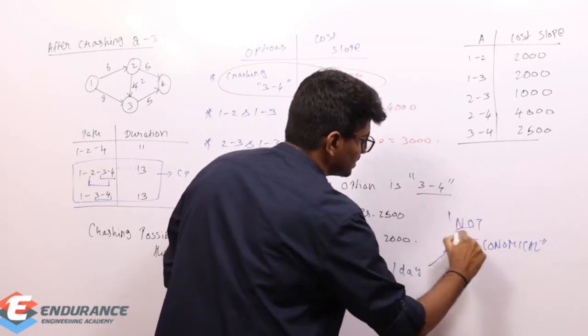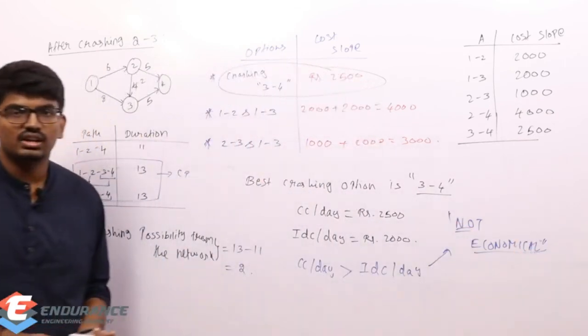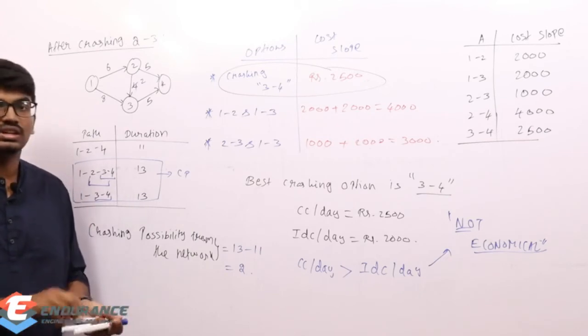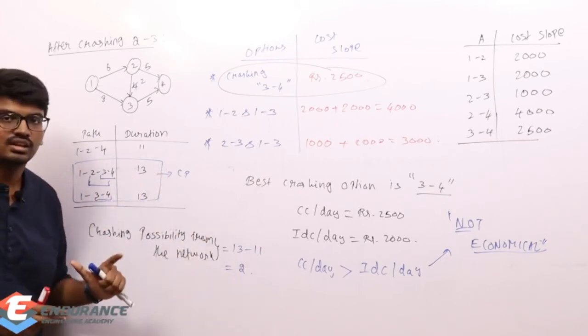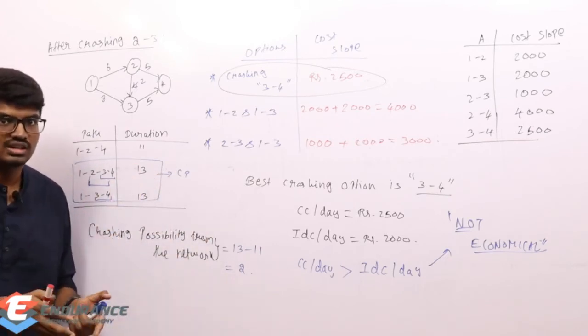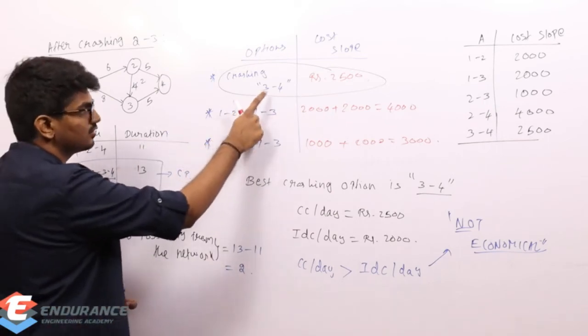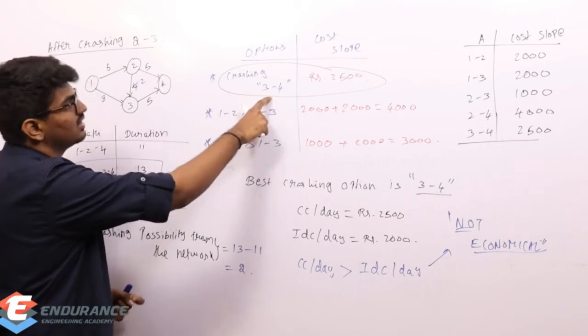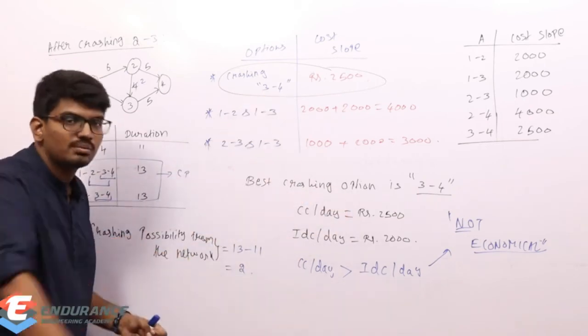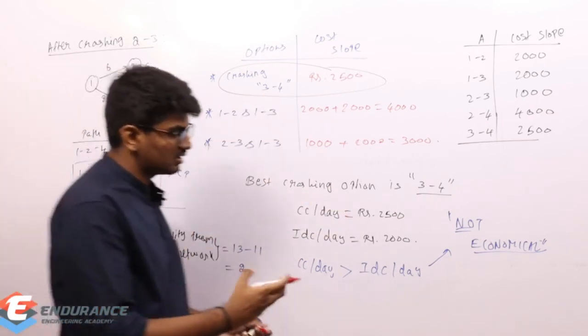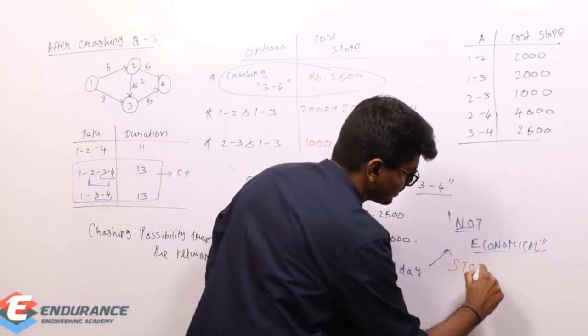So stop crashing, don't crash after 13. So 13 is the optimum duration. If I crash it from 13 to 11 by crashing 3 to 4, then our crashing will become non-economical. So you have to stop the crashing.